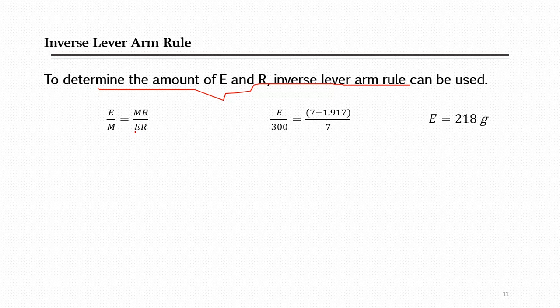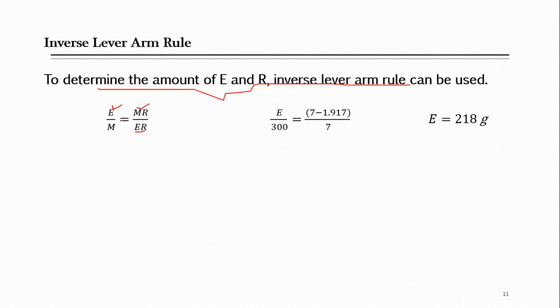ER is the distance from E to R for M, and for E we are using MR. E is located on the left side, and you have to use the distance from M towards the right side. So this is the inverse: you are not using the same side, you are inversing the side distance. For E you will be using MR. So E over M is equal to MR over ER.